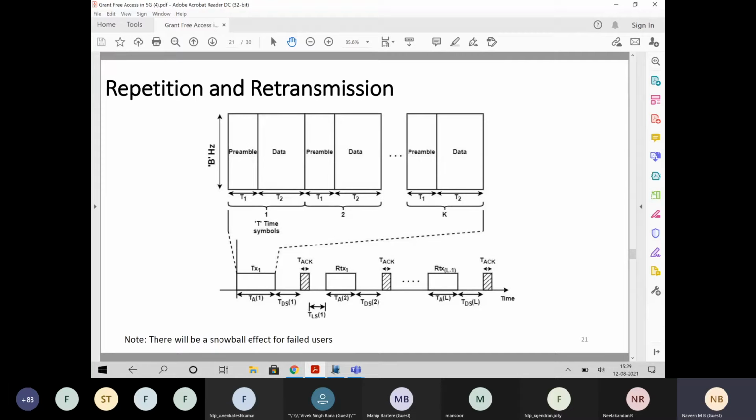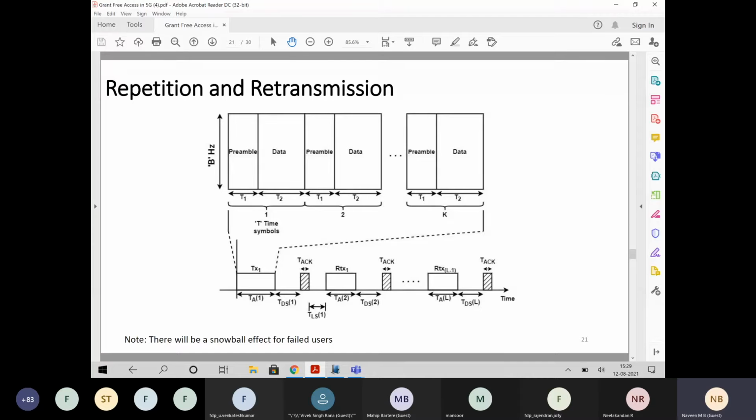Even in the current LTE, 5G, all networks, new users and retransmitting users try to obtain access at the same place. Okay, what we told was, let's not do that because it will create something called a snowball effect. Because if you have more and more retransmitting users, they will add to the current set of users, right? So that number will keep on increasing. The network load will become very high very soon.